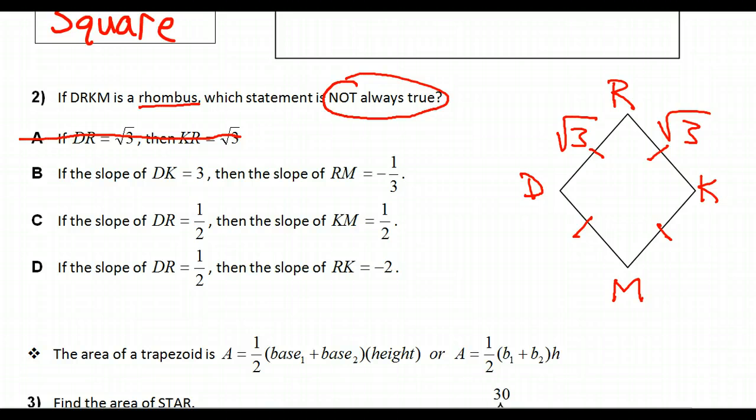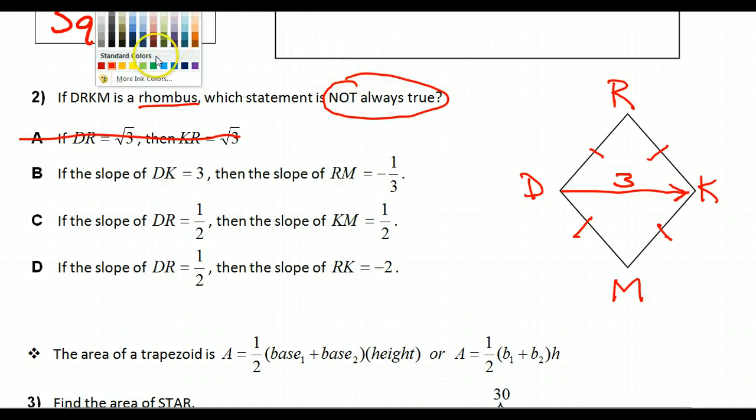Okay, what about part B? The slope of DK is 3. Okay, so this is DK, like this. I'll put an arrow to remind us that we're talking about the slope. So let's say that slope is 3, then the slope of RM is -1/3. RM would go like this.